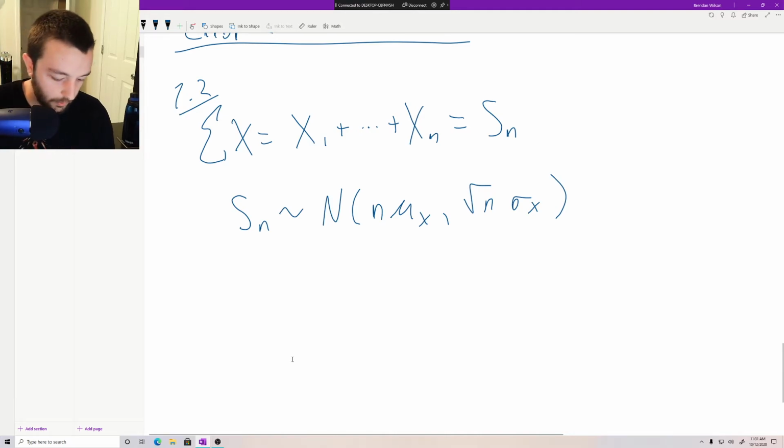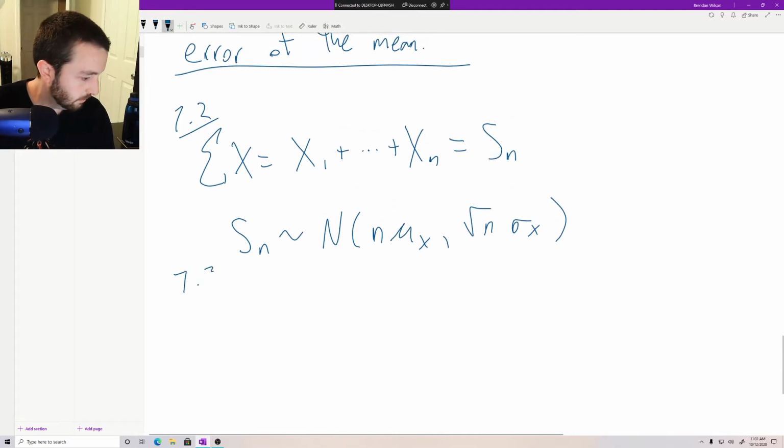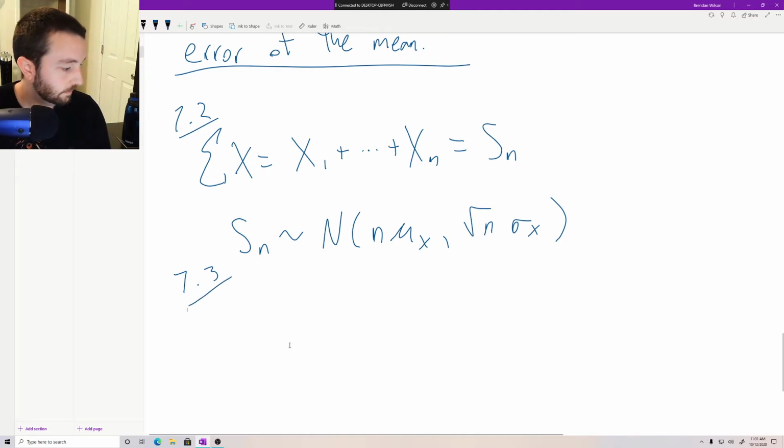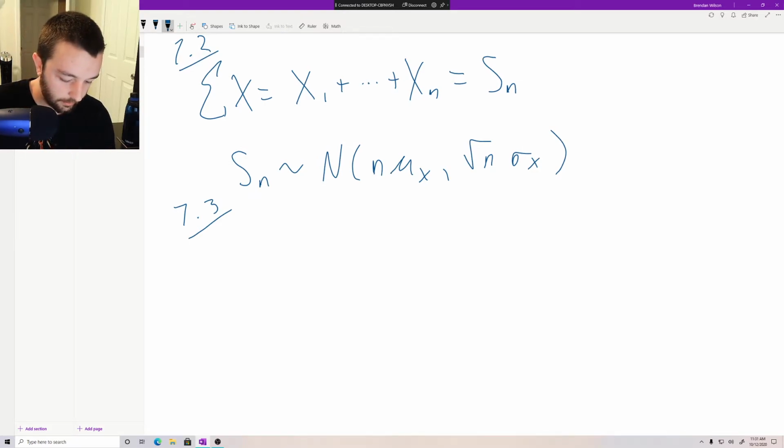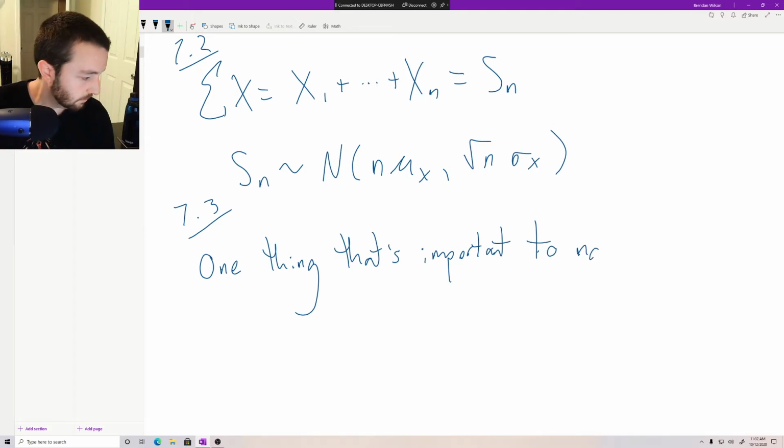Let's go to 7.3. Okay. So one thing that's important to note. This is the first note on 7.3.